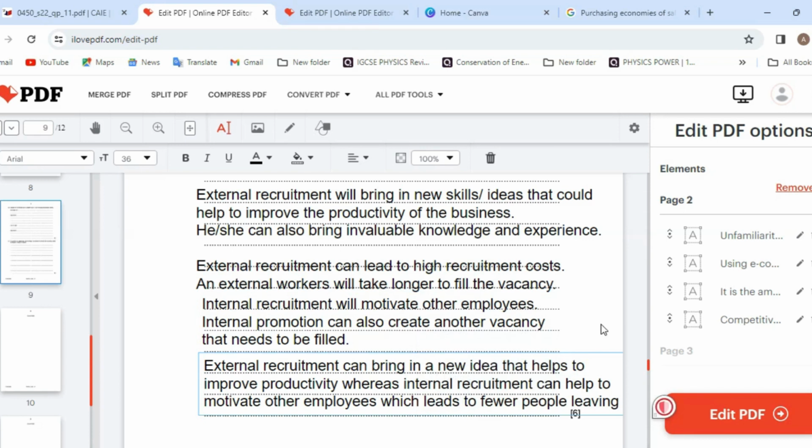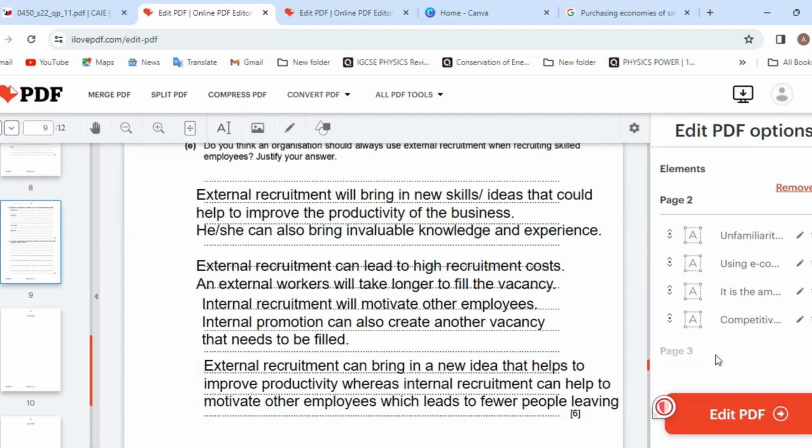Though it depends on the skills within the business, because if there are no suitable workers, external recruitment would be the only choice.